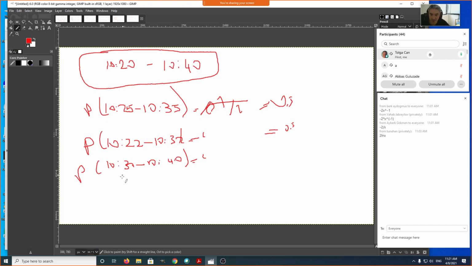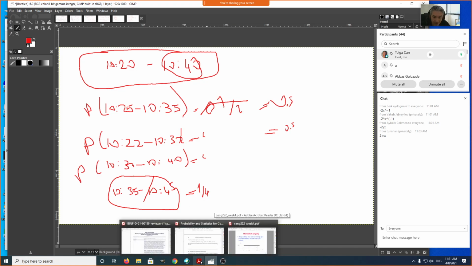In other words, if somebody asks me what is the probability that it will arrive between 10:35 and 10:45, that's not the same thing, because we are now outside the bounds of 10:40. This will be a different probability. From 10:40 to 10:45 is going to be 0, and therefore this one is going to be 1/4 or 0.25. These are not going to be the same for equal-length intervals.